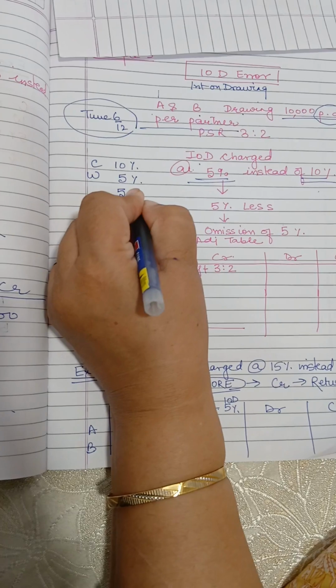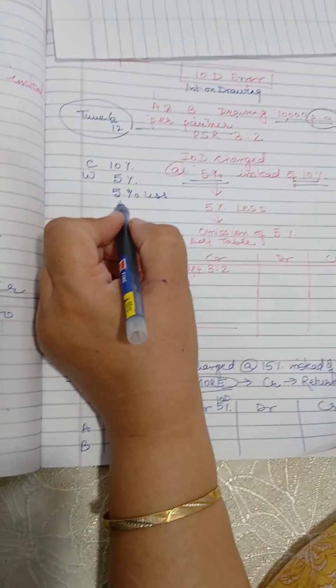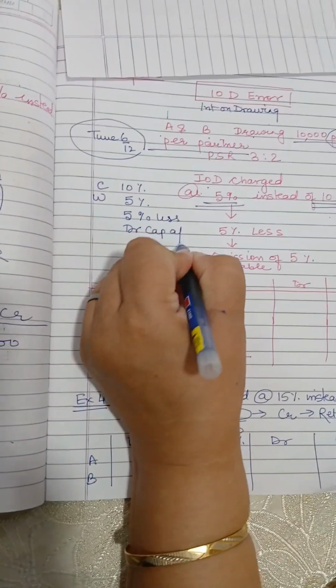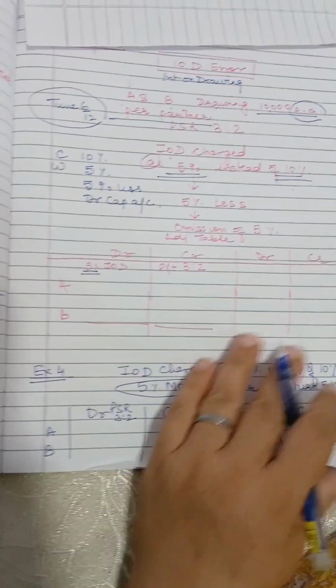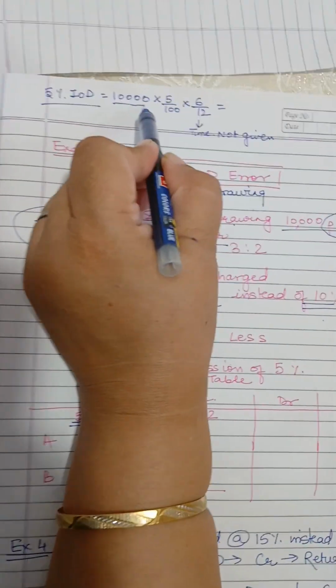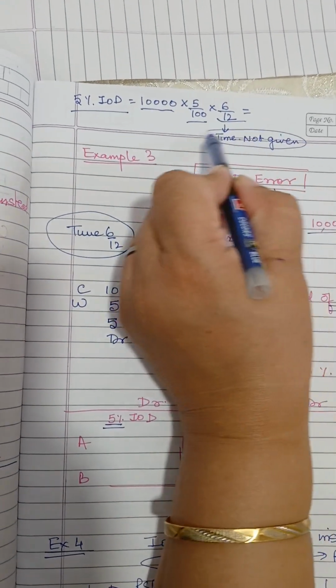That means 5% less. Less means we take it from them. When we take it from them, we debit their capital accounts. And when we take debit, that 5% would be debited. How will we calculate that? 5% IOD will be 10,000 into 5% into 6 by 12 because time is not given.